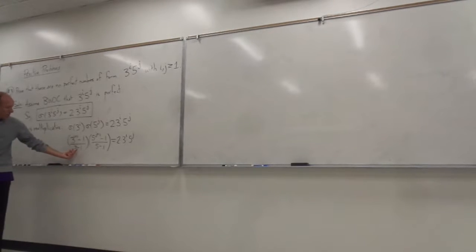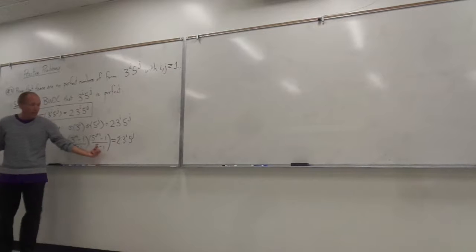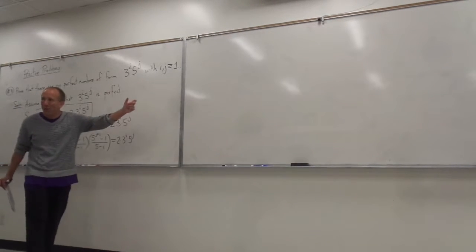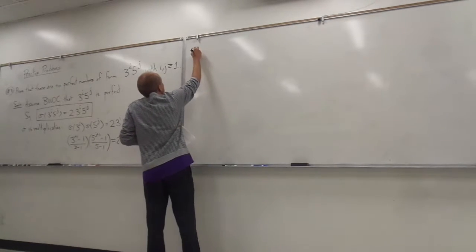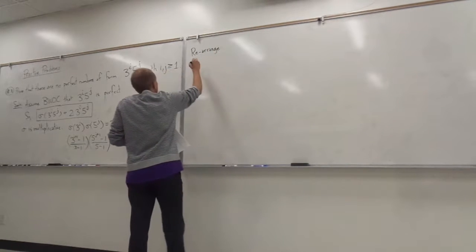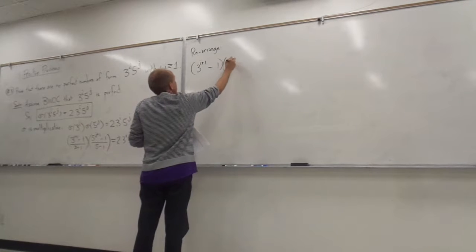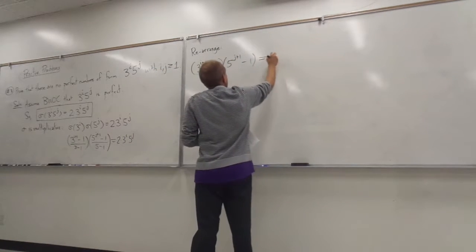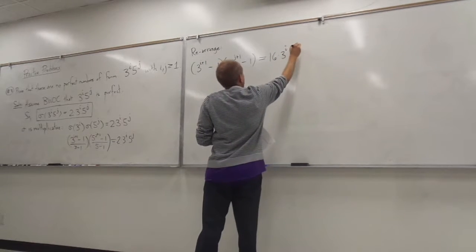This denominator is just 2, this denominator is just 4, and then there's another 2 over here. So if I just take all those 2's and put them on the other side, I won't have any more fractions, right? So I'm just going to rearrange this expression. It's going to look like (3 to the i plus 1 minus 1) times (5 to the j plus 1 minus 1) equals 16 times 3 to the i times 5 to the j.